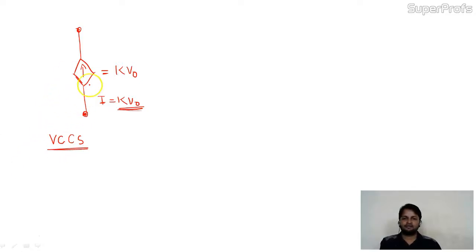This source you are seeing here is the dependent source, the voltage control current source. Here this is the input, here this is the output. So this is the input output topology. Input is voltage control, output is the current source.